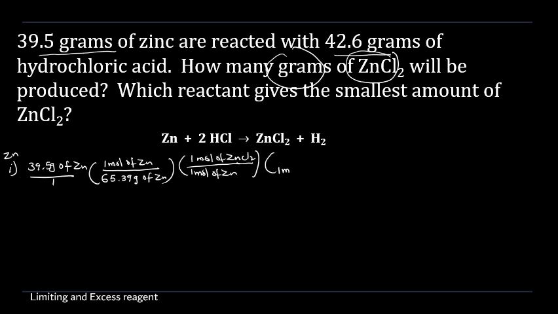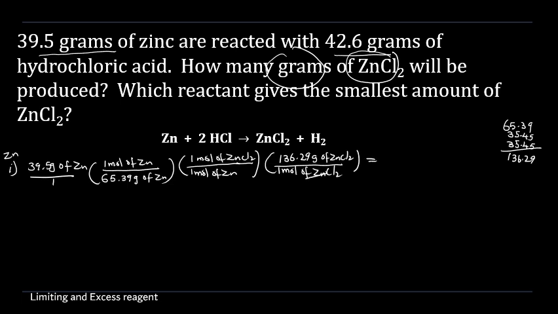That means in 1 mole of ZnCl2, if you calculate the molar mass from the periodic table, Zn is 65.39, chlorine is 35.45. There are 2 chlorine, so 35.45 2 times. That equals 136.29. So that will go in the numerator, 136.29 grams of ZnCl2. And that's all I need because I will get it in grams.